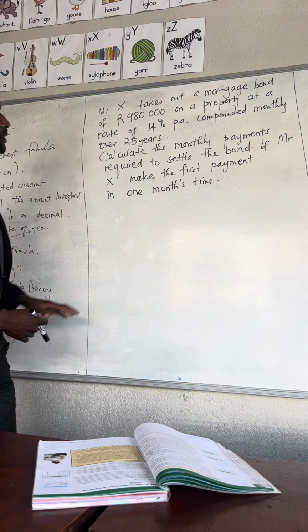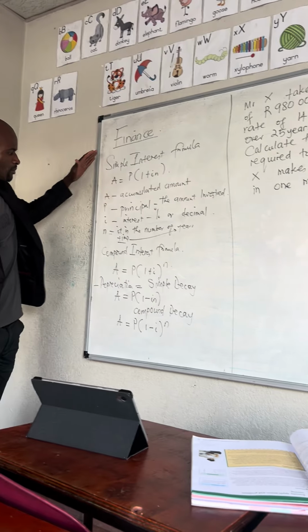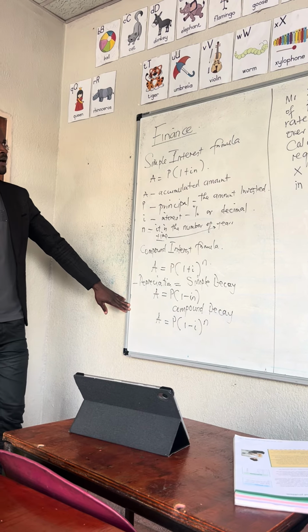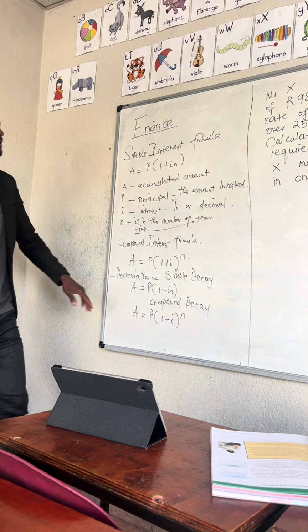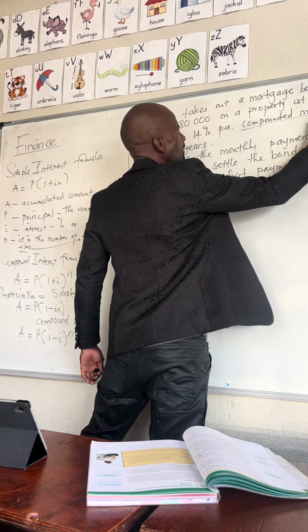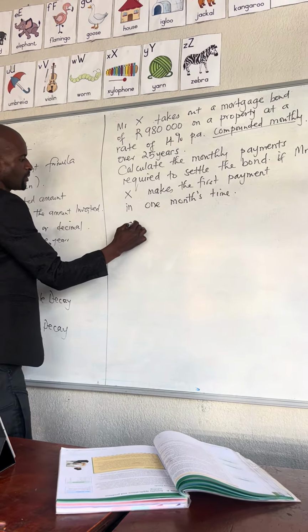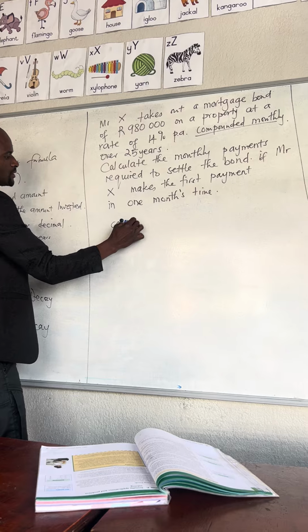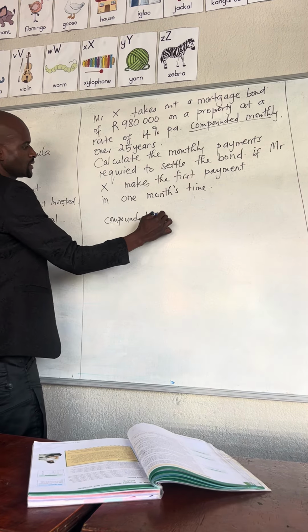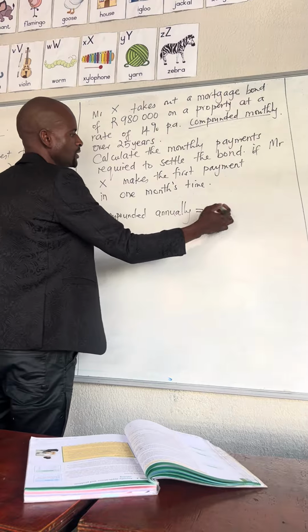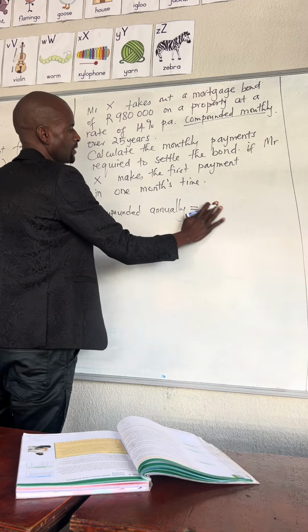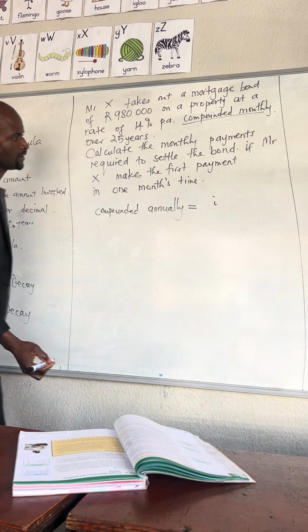Okay, so ladies and gentlemen, this question is different from these formulas. Yes, it is compounded monthly. So what you need to know is that when they say compounded annually, you just say i.